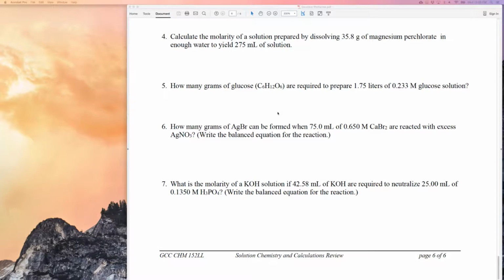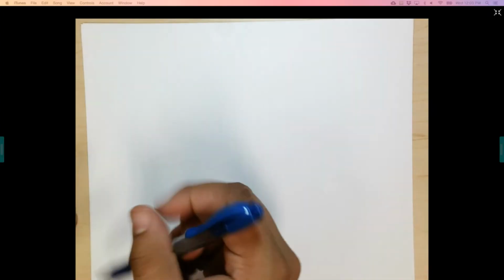Number 6 asks how many grams of AgBr can be formed when 75 mL of calcium bromide are reacted with excess silver nitrate. And they want you to write the balanced equation for the reaction because you need that information to be able to move forward.